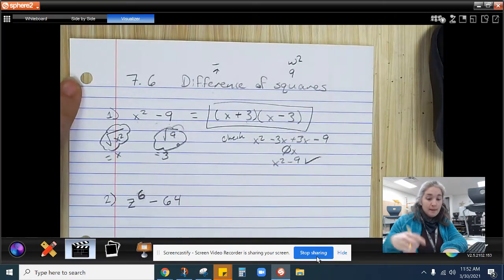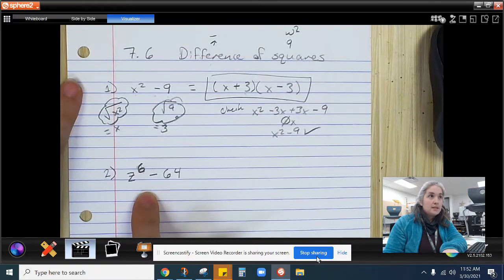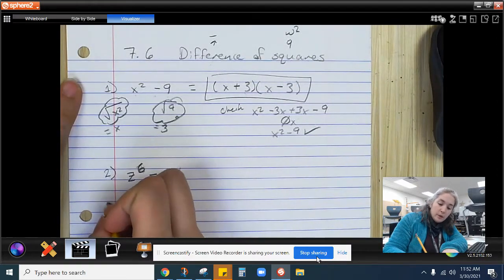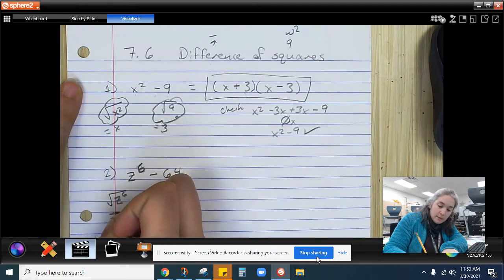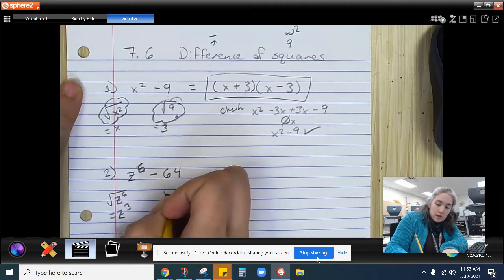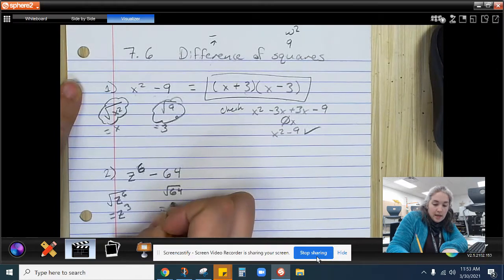So let's try that again, but now let's do it with z. Z to the 6th minus 64. Well, the square root of z to the 6th would be z cubed. The square root of 64 is 8.